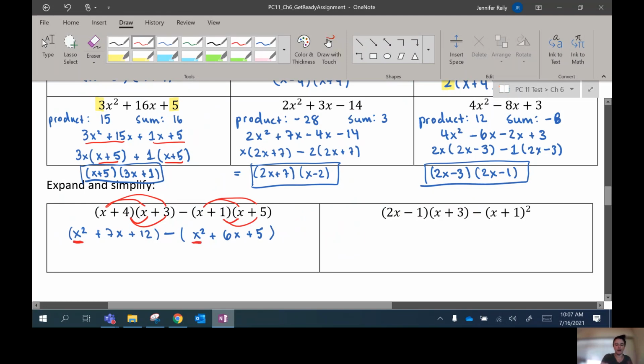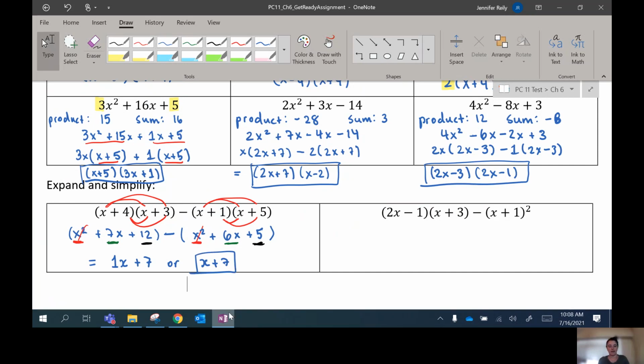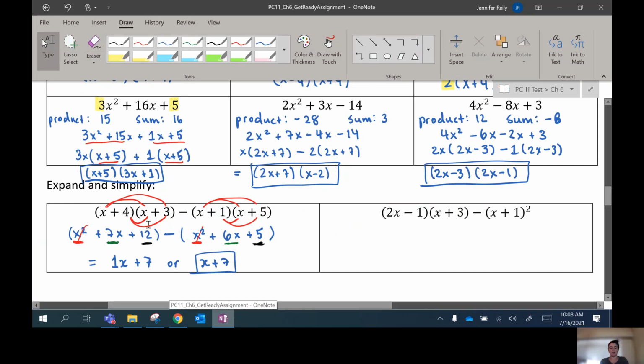That's going to go away and cancel out. Then I'll use different colors here, 7x minus 6x. So that will be 1x, or just x is fine. And then finally, I'll have 12 minus 5. So that's 7. So I simply have x plus 7 as my final answer.